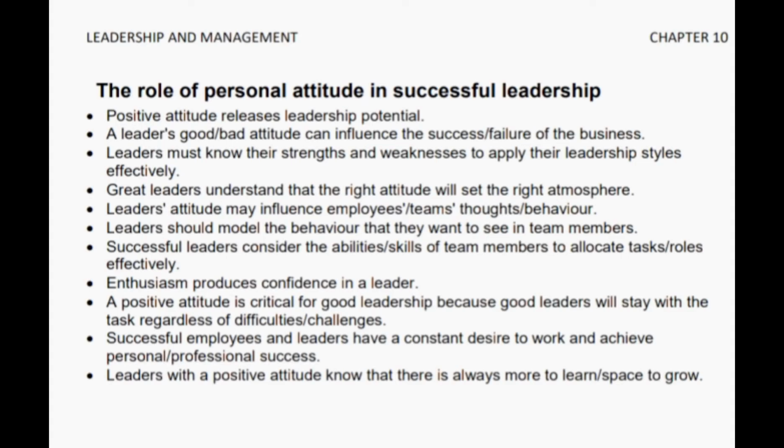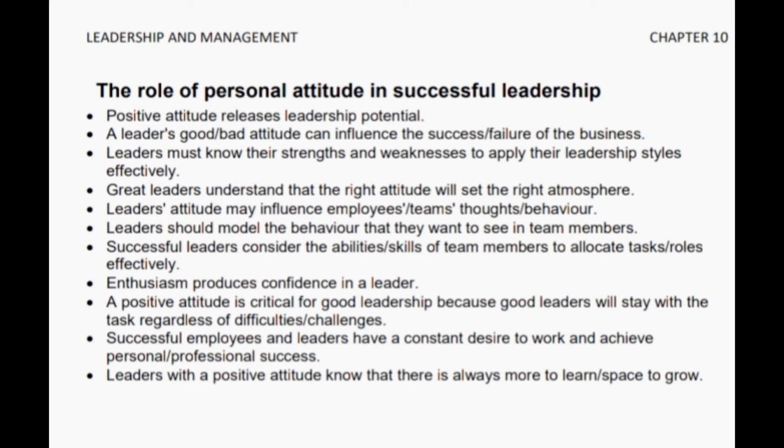Then we move forward to the role of personal attitude in successful leadership. Positive attitude releases leadership potential. Positive attitude will release the leadership potential.